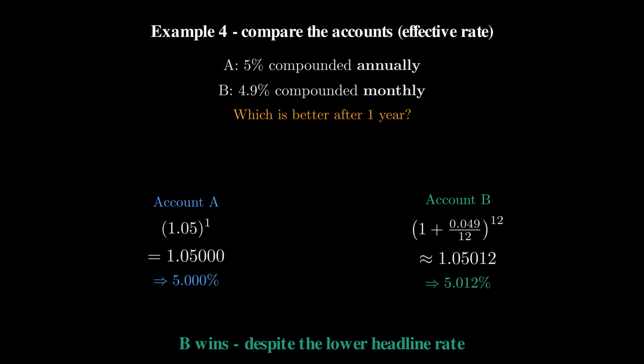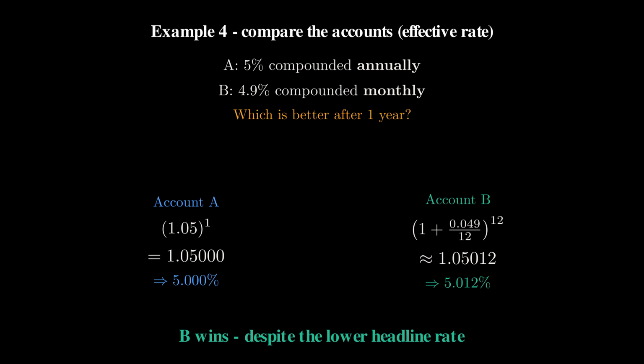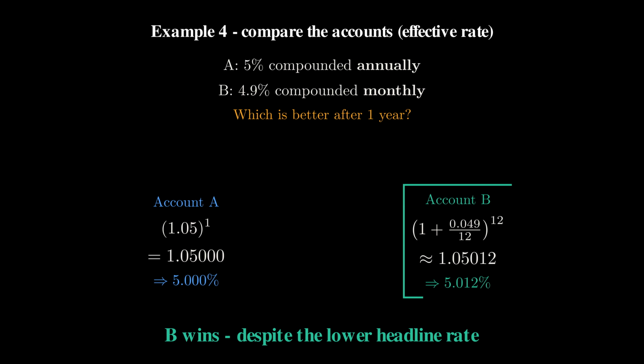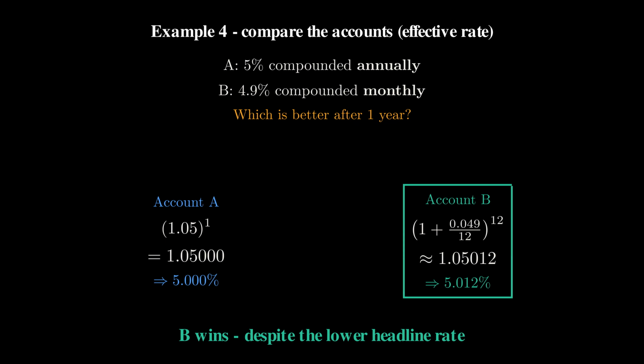So account B wins just barely, even though its headline rate is lower. That's the power of more frequent compounding, and it's exactly the comparison exam questions hide. Turn every offer into its effective annual rate, and then it's a fair fight.